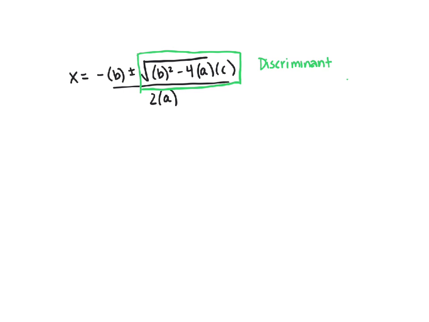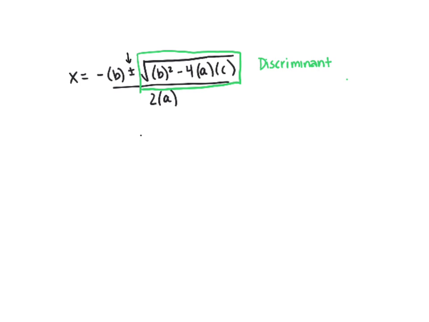It's just the square root of b squared minus 4 times a times c. That is called the discriminant. And the other thing I need you to know about these quadratic formula problems is, you see this plus or minus right here? You can't put that in your calculator. So this isn't something that you can just plug the whole thing into the calculator and get one pretty answer at the end. You're going to have to do this in pieces.